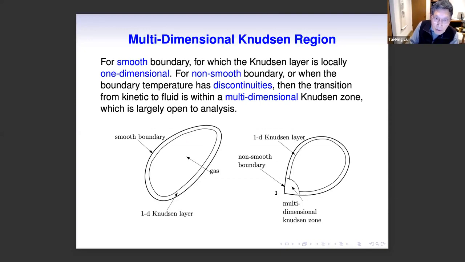And then another most severe situation would be that the boundary itself is not smooth. In that case, away from the kink, this discontinuity of the boundary is one-dimensional.